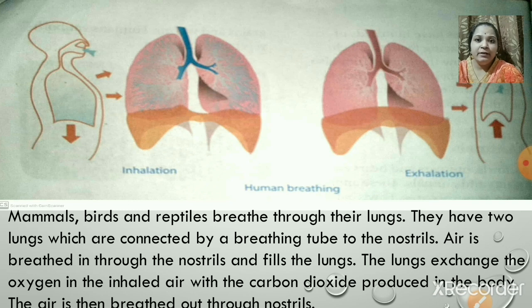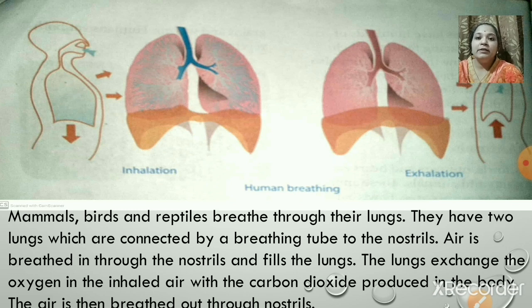Do we have lungs? Yes, we have lungs as our breathing organs. All the mammals, birds, and reptiles have lungs. They breathe through their lungs. They have two lungs which are connected by breathing tubes to the nostrils.